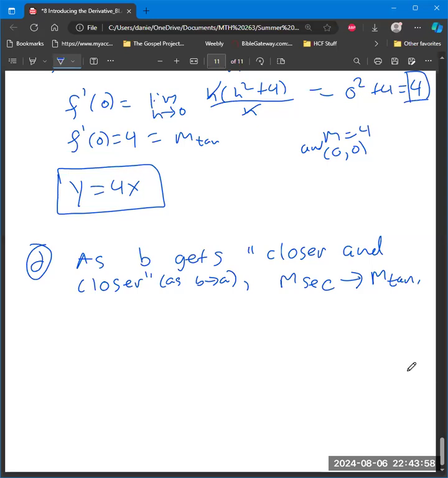So you could graph all that in something like Desmos or your graphing calculator, and you're going to actually see those secant lines move towards the tangent line.